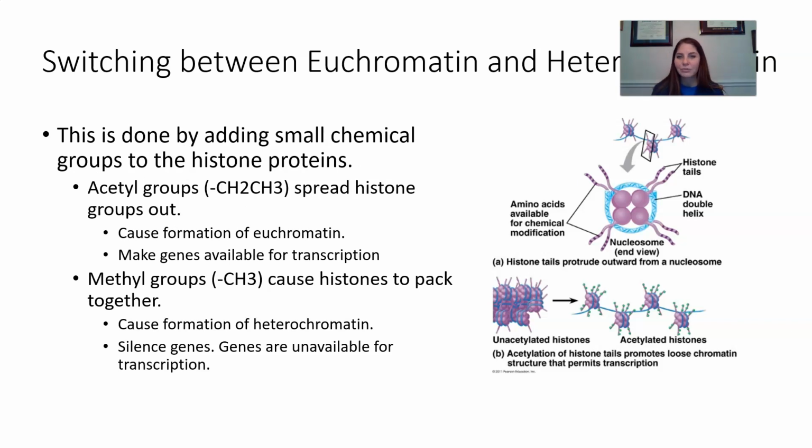We have acetyl groups, and those spread the histone groups out. This can cause the formation of euchromatin, and this makes genes available for transcription to occur. We can also methylate groups, and this causes histone proteins to pack tightly together, and it causes the formation of what we call heterochromatin. This can silence genes because genes are unavailable for transcription to occur.